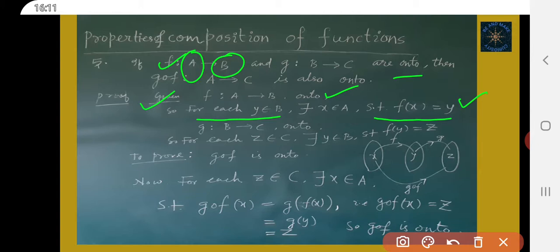That means for every element of set B, there must exist some element of A such that f of x equal to y. That means for every element of B, there is a pre-image in set A.